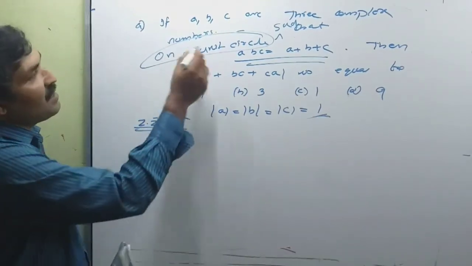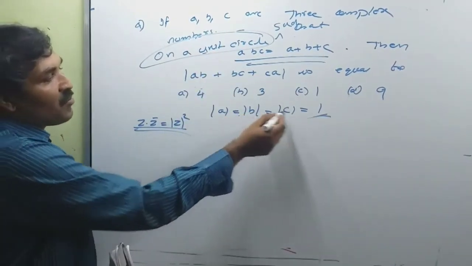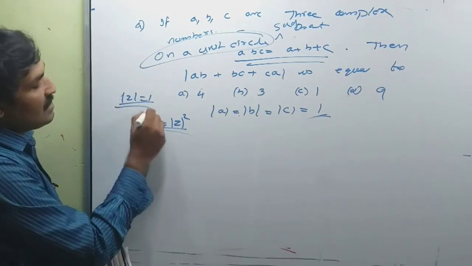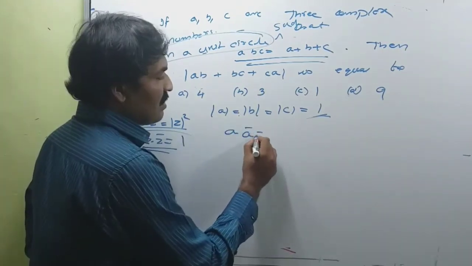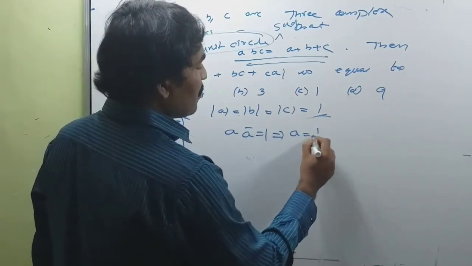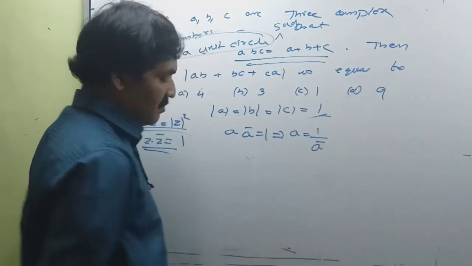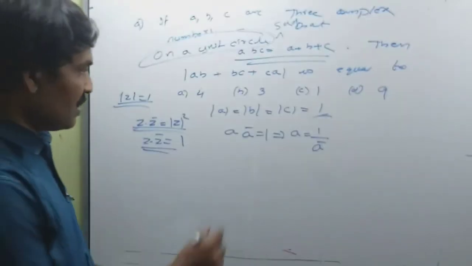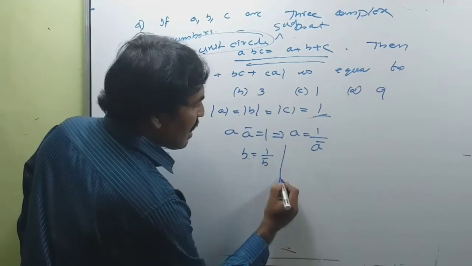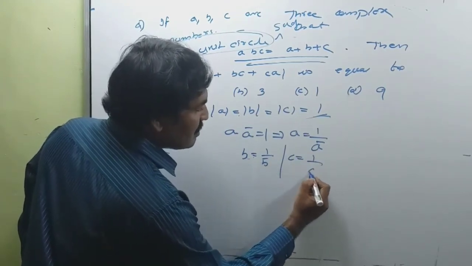Here mod A is equal to mod B is equal to mod C is equal to 1. If mod Z is equal to 1, that implies Z times Z conjugate is equal to 1. This implies A is equal to 1 by A conjugate. Similarly, B is equal to 1 by B conjugate and C is equal to 1 by C conjugate.